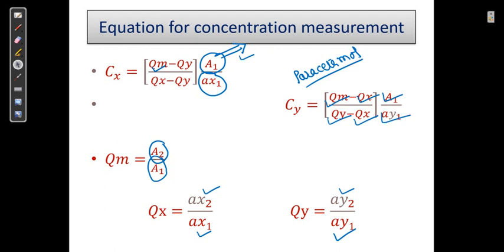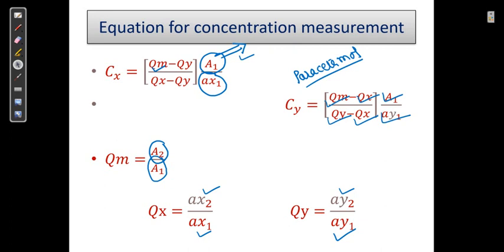In both cases we are measuring Qm minus Qy, Qx minus Qy, over Ax1, and Qm minus Qx, Qy minus Qx, over Ay1. This is the assay procedure that we have to take into consideration.